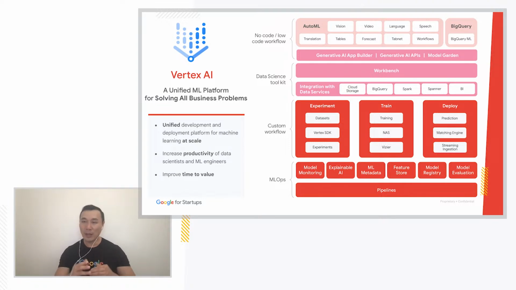And then you can evaluate a model, compare different custom training jobs and how they perform differently, and also have metadata tied to each training job, so that you have the lineage of all the data inputs and outputs together.